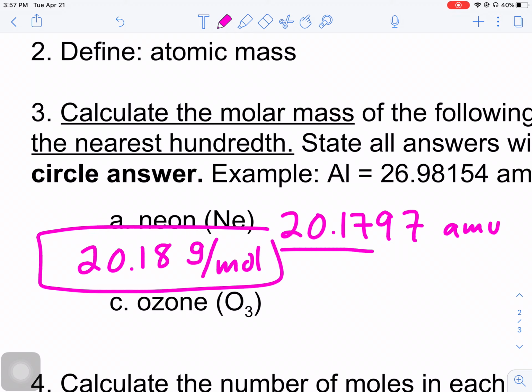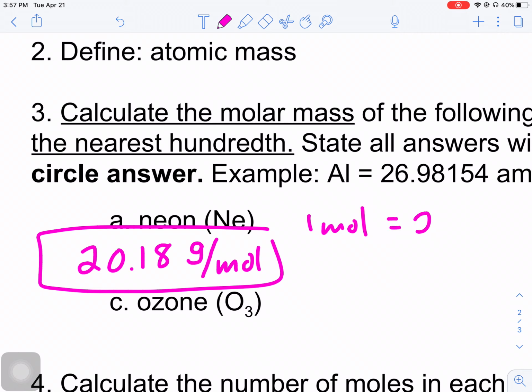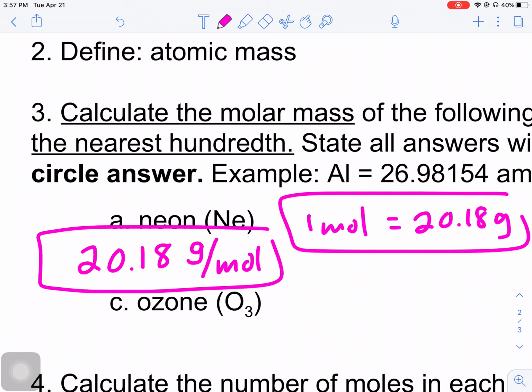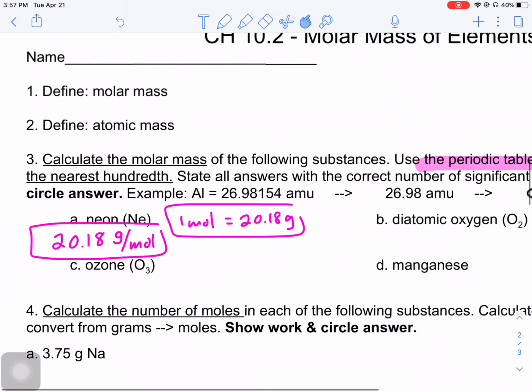So the molar mass of neon is 20.18 grams per mole. And really what this is saying is that 1 mole of neon gas is equal to 20 grams, okay? And this is going to be a conversion factor that we use in the next few days, okay? Very important concept.